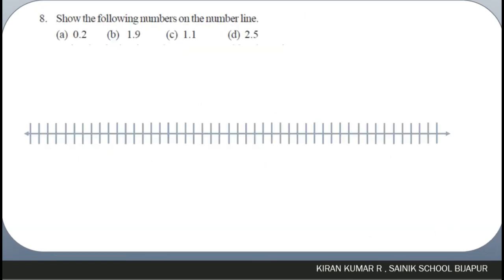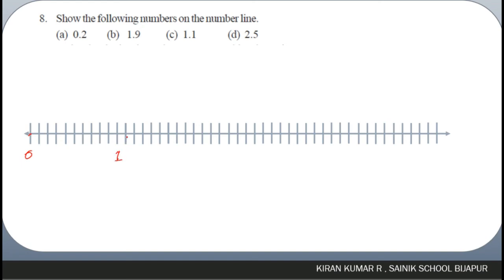Question number 8. Show the following numbers on the number line: 0.2, 1.9, 1.1, 2.5. If I name this first grading to be 0, and if I make 10 equal parts, 1, 2, 3, 4, 5, 6, 7, 8, 9, 10 equal parts.